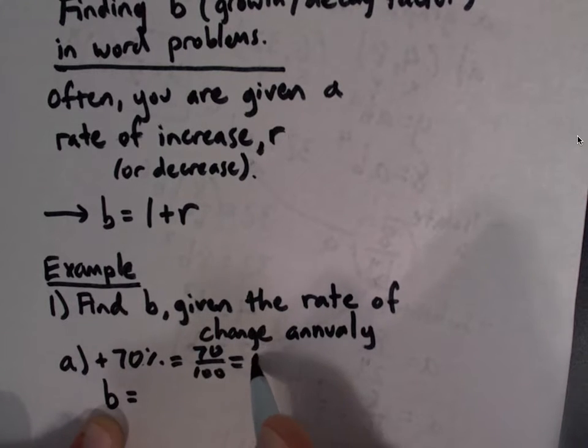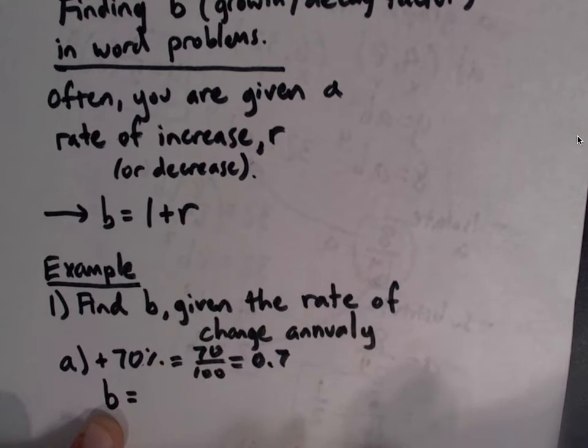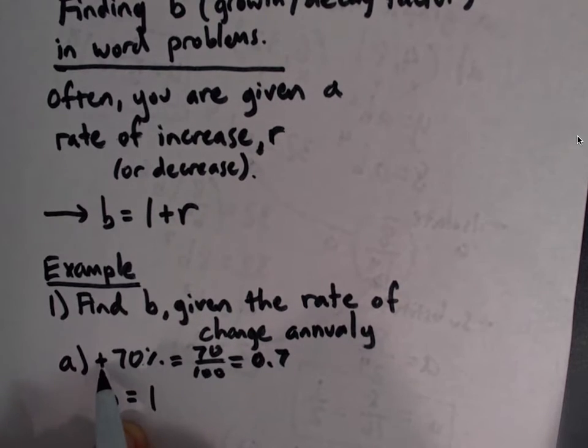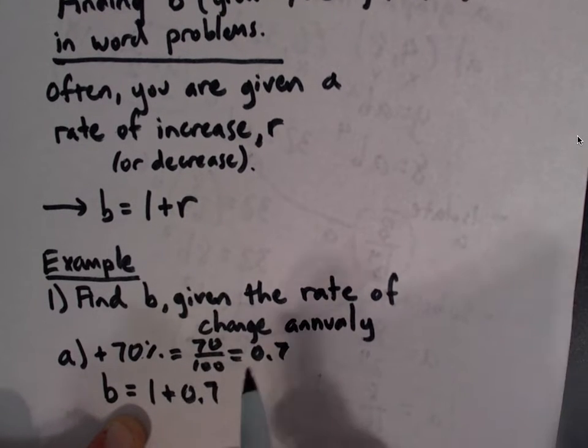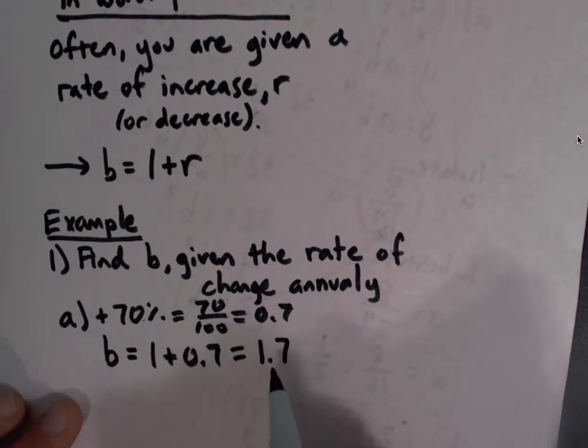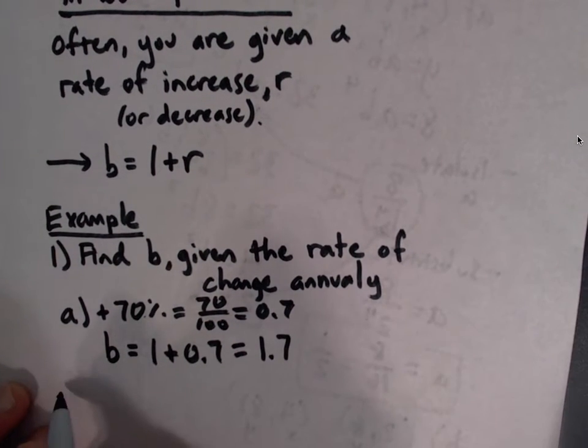So that equals 0.7. So b equals 1 plus 0.7, since we are appreciating. Our b would therefore be 1.7, and we can see that this is exponential growth. It's bigger than 1.